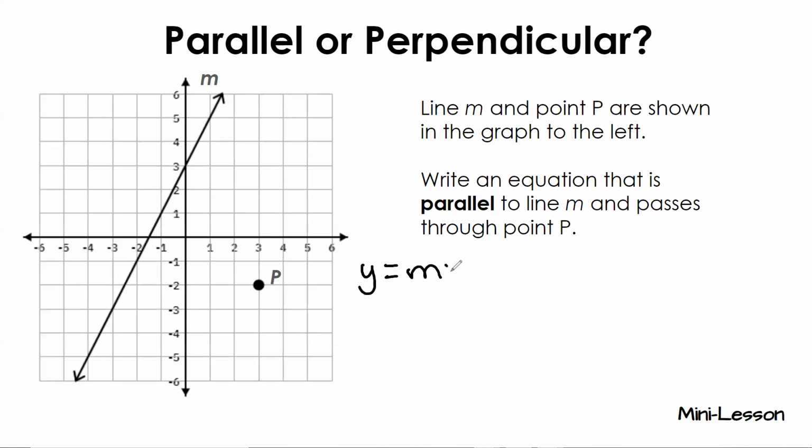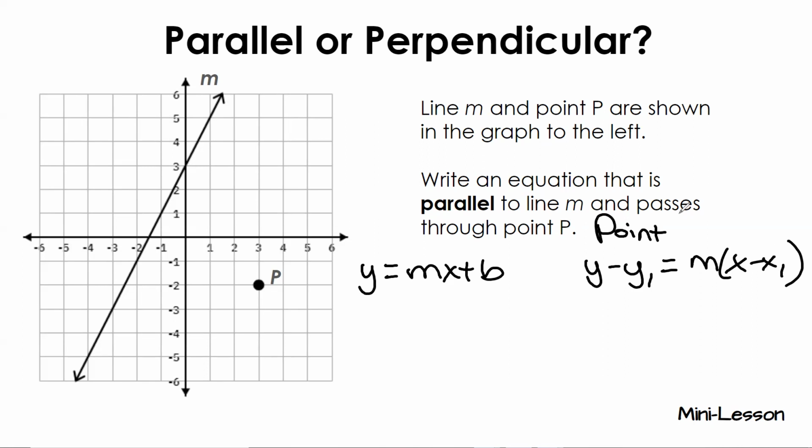We've got y equals mx plus b, and then we also have y minus y1 equals m times x minus x1. This is called point slope, and this is called slope intercept. I would write those two equations down.